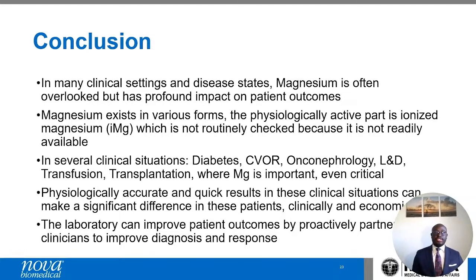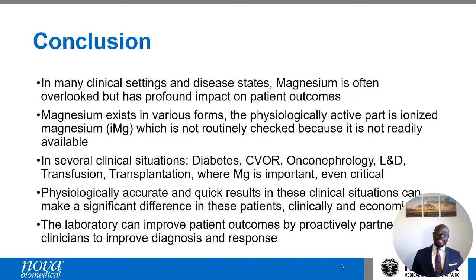Now, in several clinical situations, such as diabetes, the cardiovascular OR, onconephrology and oncology, labor and delivery or OBGYN, and transplant medicine and transfusions, magnesium is extremely important and sometimes even critical. Physiologically accurate and quick results in these situations may make a significant difference and have a profoundly positive impact on patient outcomes.